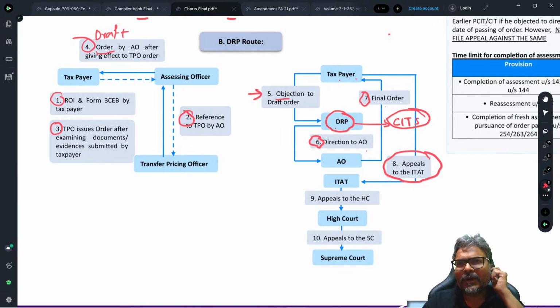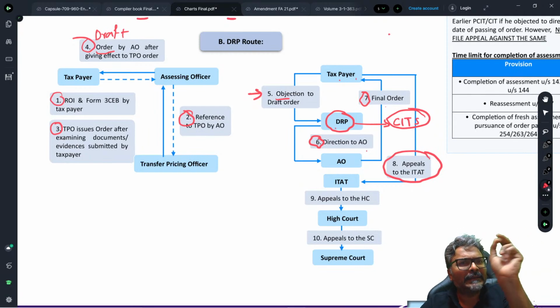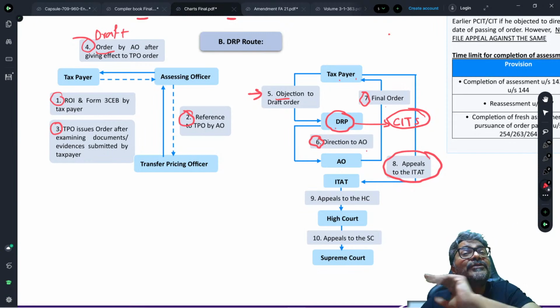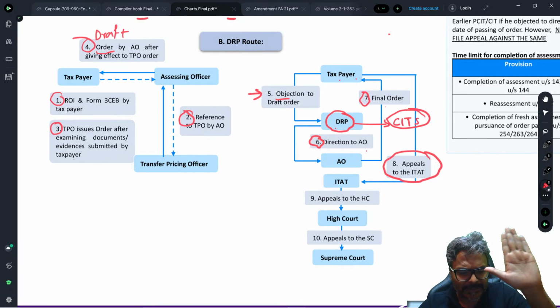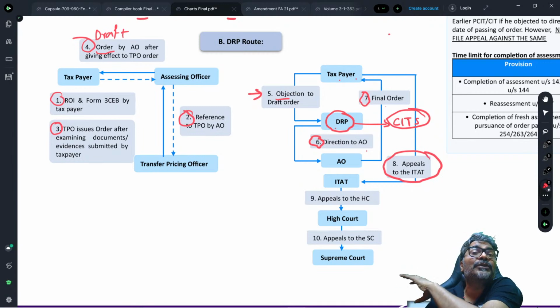Here it is not like the normal hearings which take place. No, you have the objection against the draft order of the AO. Please give the objection in a detailed manner, Amruta. And once you give the objection in the detailed manner, that is it. Then the DRP will see that objection, and on that basis, they will then decide to give the direction to the AO.